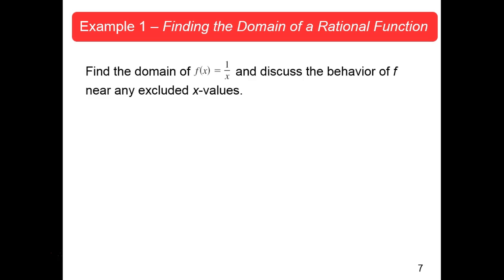Now, it says discuss the behavior of f near any excluded x values. What happens there if x is approaching 0 from, you want it from the left or from the right? I have to say it backwards. From the left, okay, this way. So there negative x is coming in closer and closer to 0.